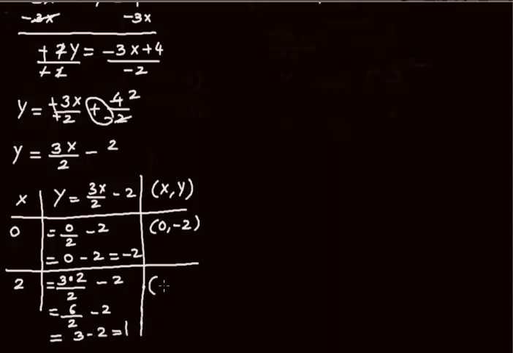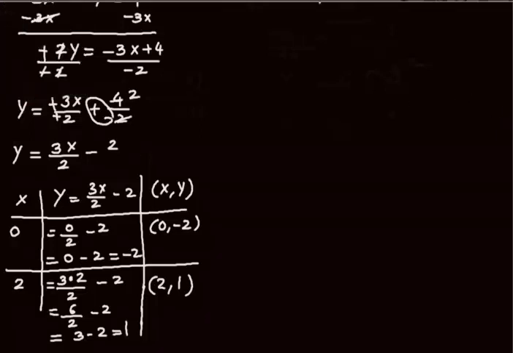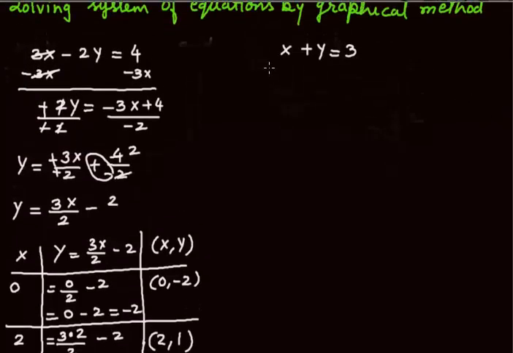So the coordinates will be 2, 1. Now I'll solve the second equation for y. For that, I'll subtract x on both sides. So the equation becomes y is equal to negative x plus 3.